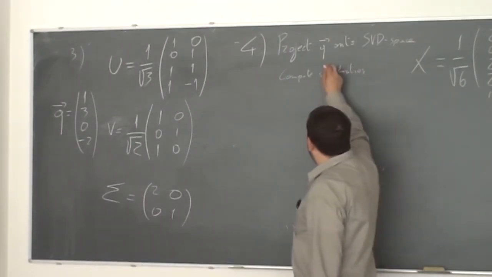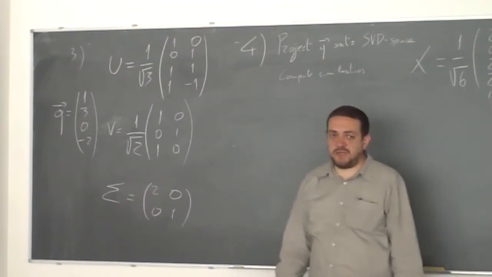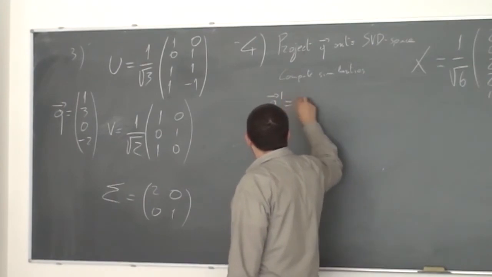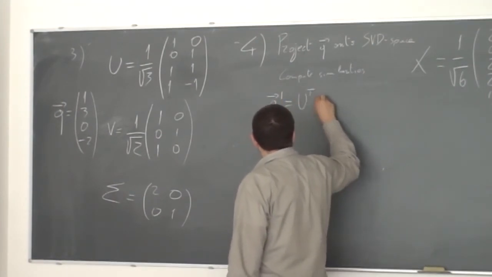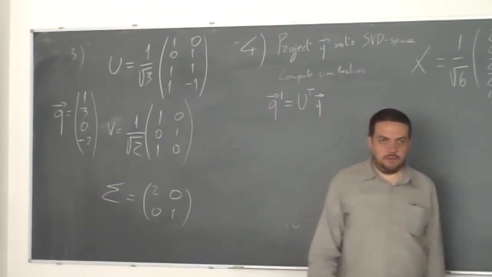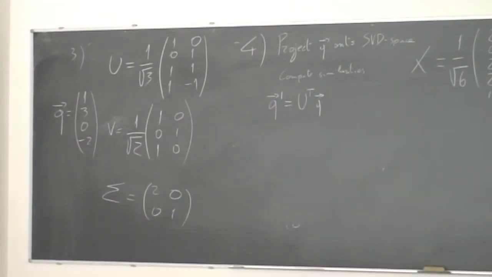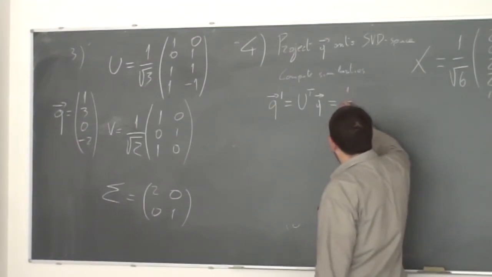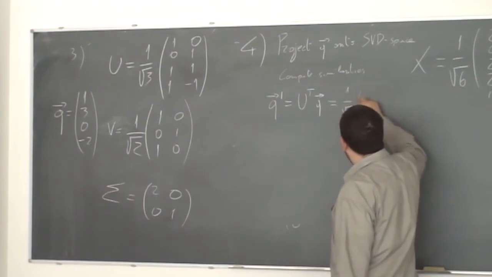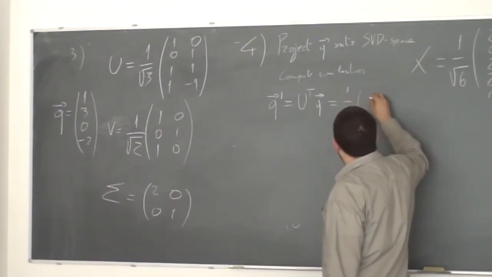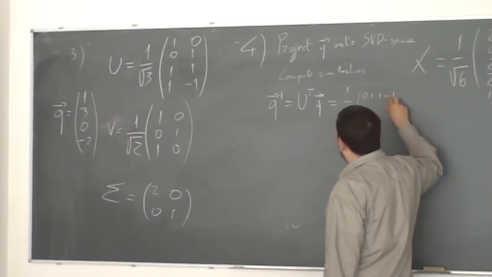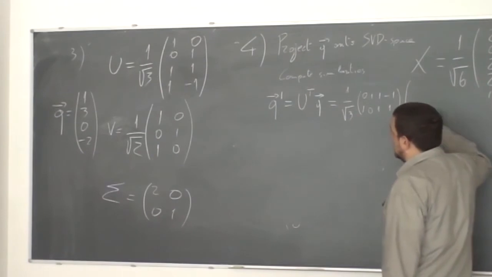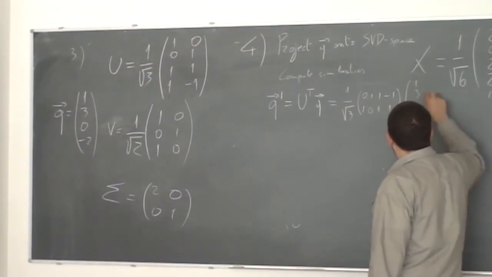So to project Q onto the SVD space, let's call it Q prime, we know that we have to compute U transpose Q. Which is 1 over square root of 3, U transpose is 0, 1, 1, minus 1, and 1, 0, 1, 1, times 1, 3, 0, minus 2.